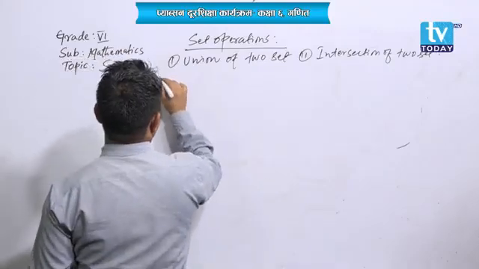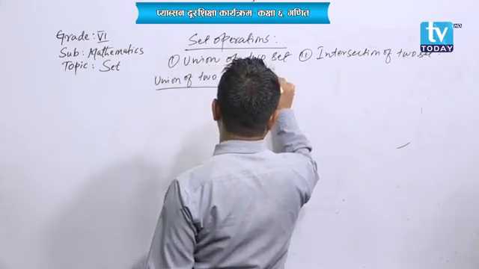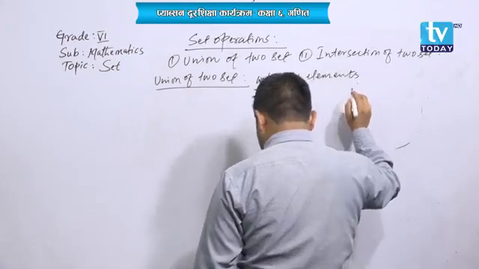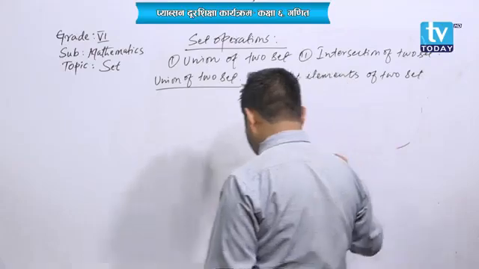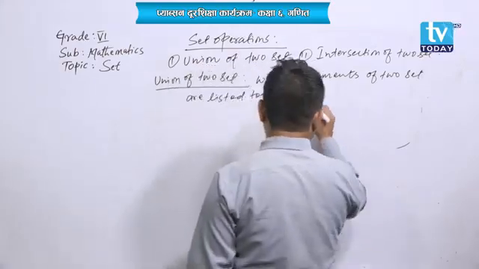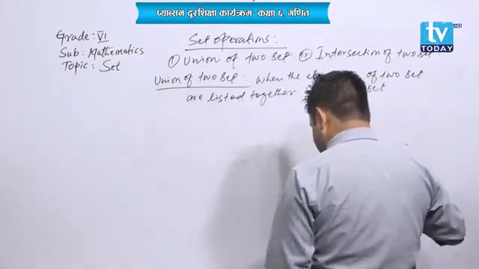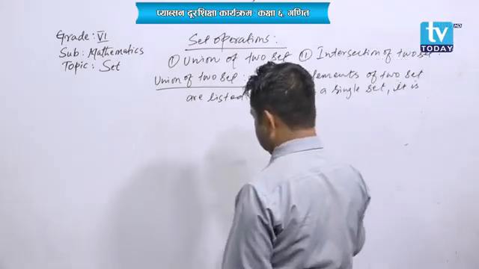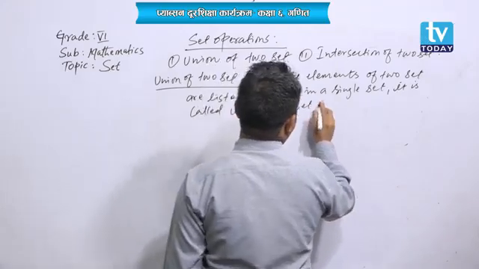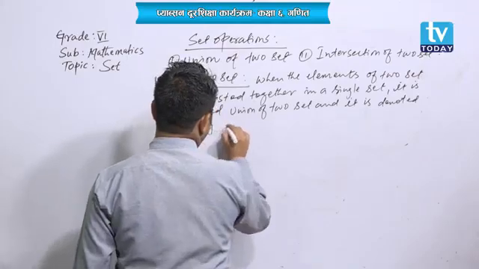Now, union of two sets. When the elements of two sets are listed together in a single set, it is called the union of two sets, and it is denoted by this symbol.